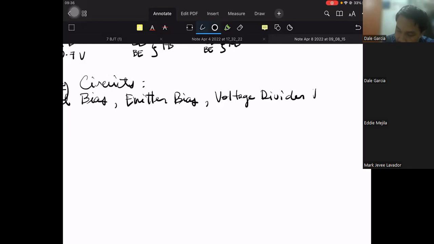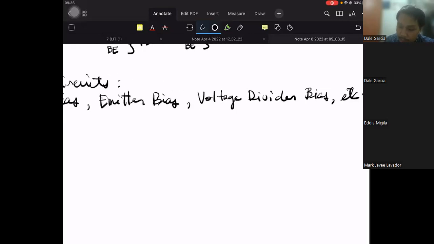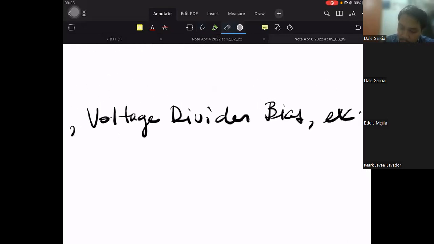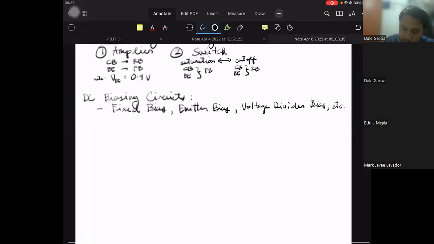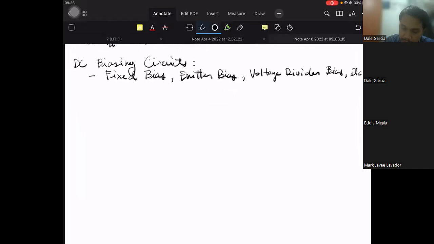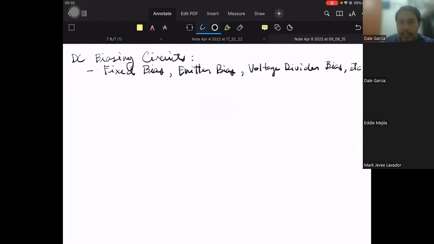And there are many more, biasing circuits that have no definite name, which we can call miscellaneous. But we'll focus on the familiar biasing circuits like these. This morning we'll start with the fixed bias configuration.